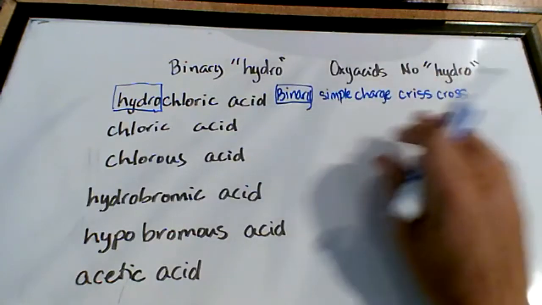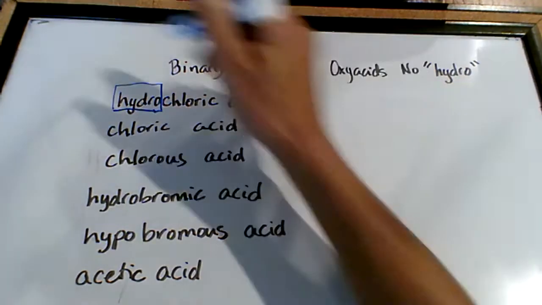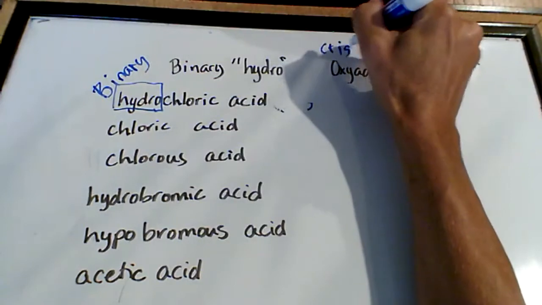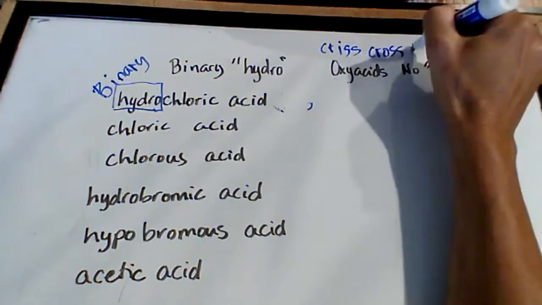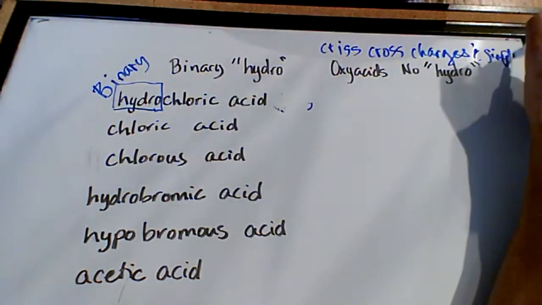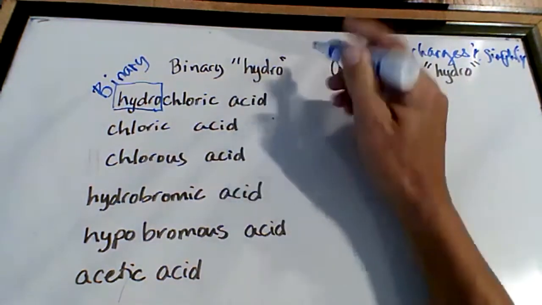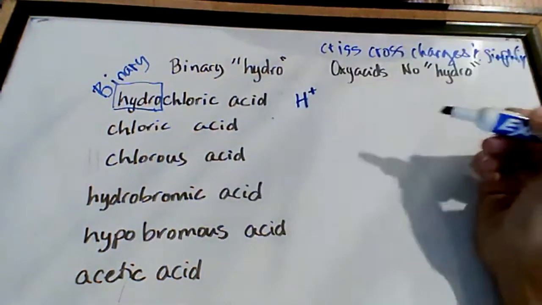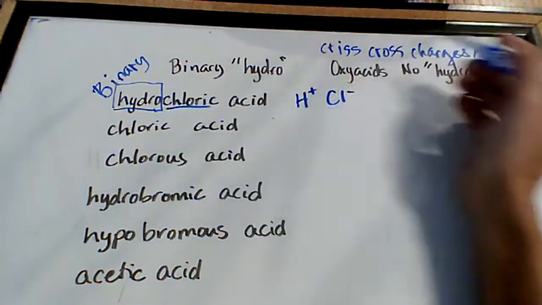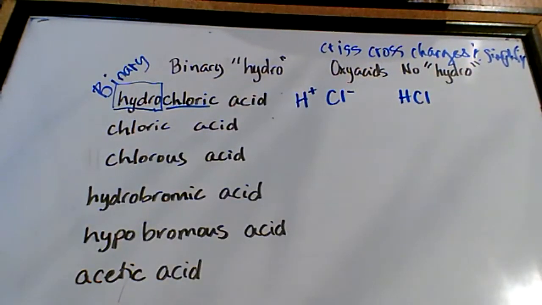This means binary, and I will always crisscross charges and simplify for all of them. So here I see that I must have hydrogen, positive charge, chloric must be chlorine, negative charge, HCl, in its aqueous form.